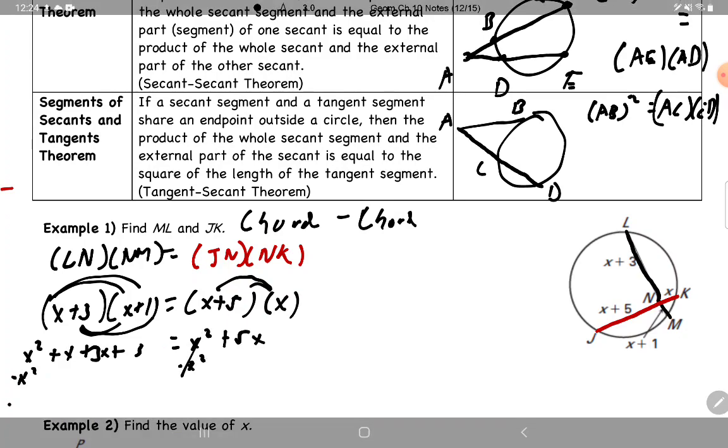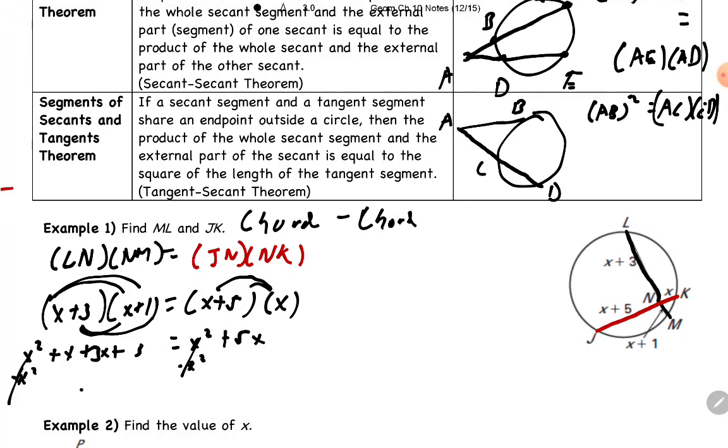So I have x plus 3x, which is 4x, plus 3 is equal to 5x. If I subtract 4x from both sides, I'll get 3 equals x, or x equals 3.